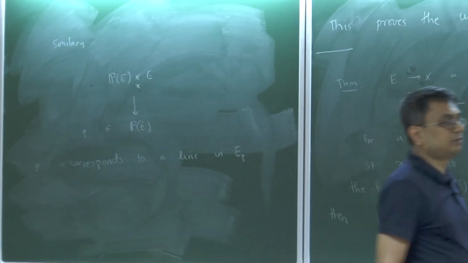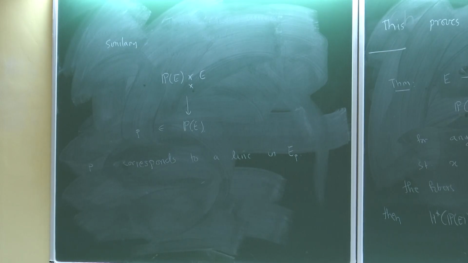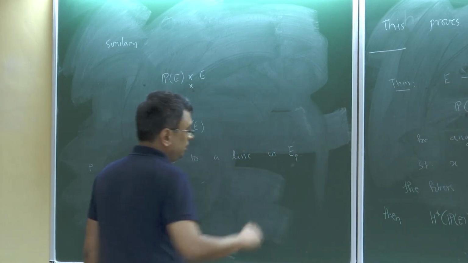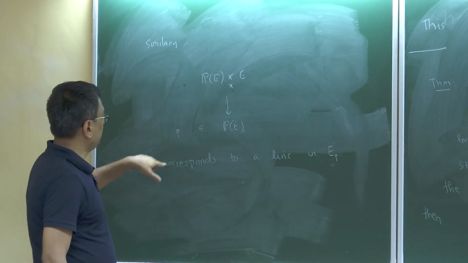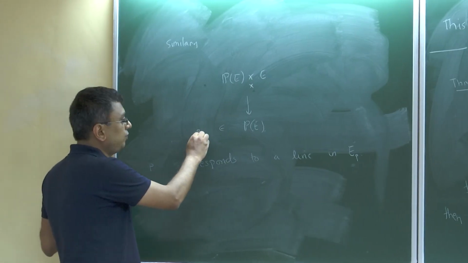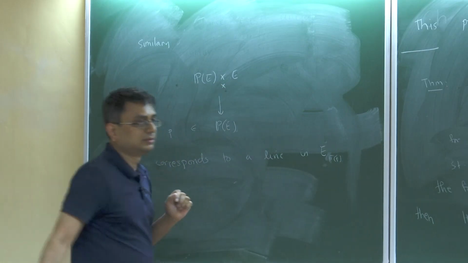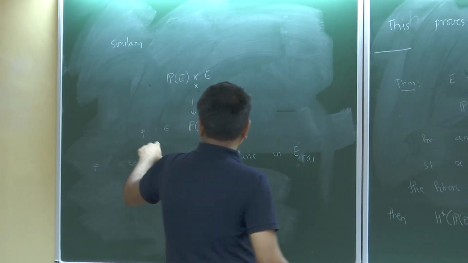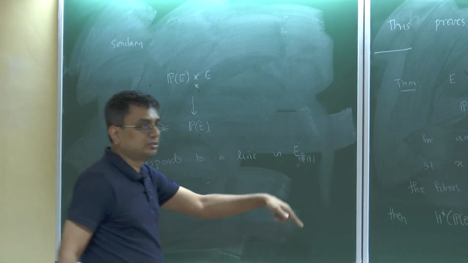So projectivization of a vector bundle is projectivization of all the fibers. Fiber-wise it is projectivization. So for every point p, if the fiber is E_p, then a point of the projective space which lies over a point of X, what is that point of X?